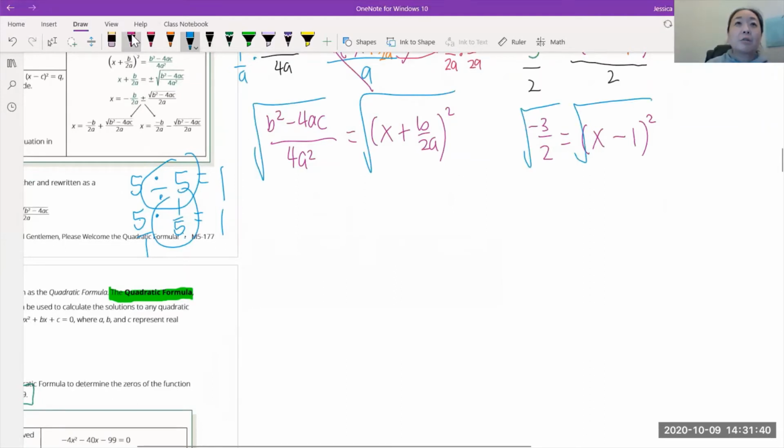We're just going to square root both sides. The square root and the square cancel out, so we got x minus 1 is equal to plus or minus, don't forget the plus or minus, square root of -3 over 2. Picked the wrong number. This negative is bad days, but the process still works. We'll just leave it like that.